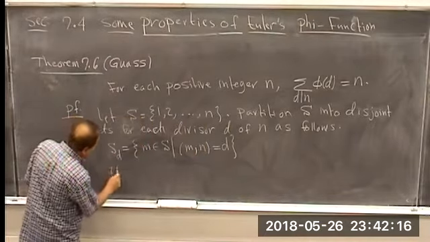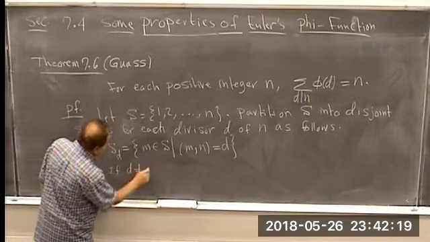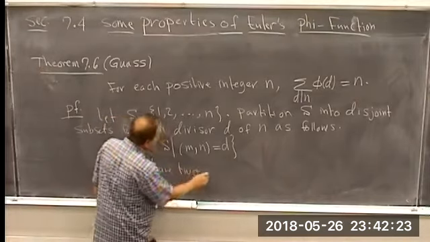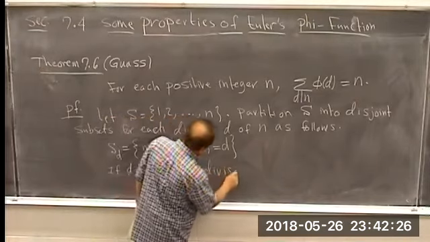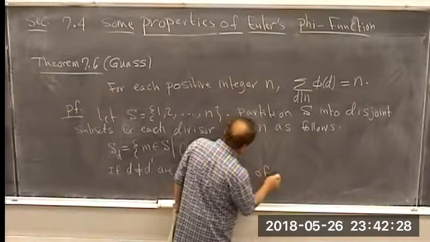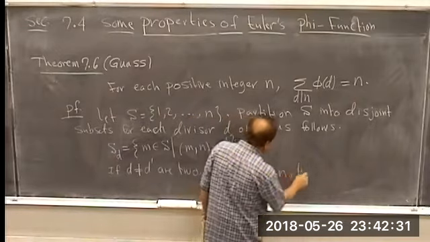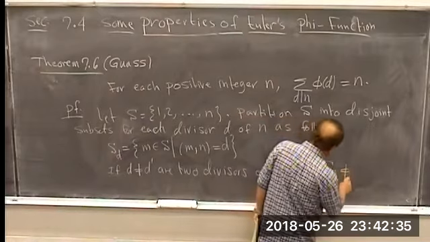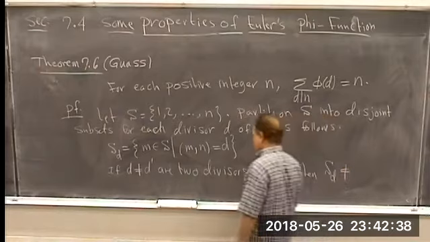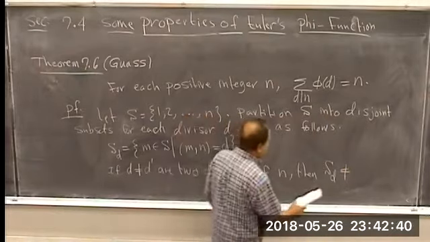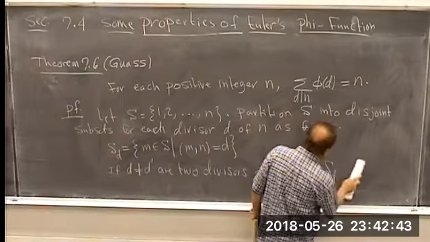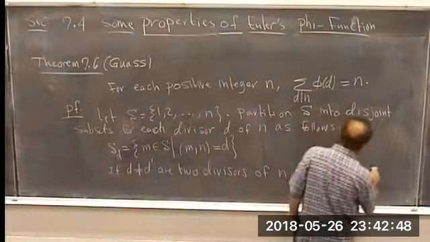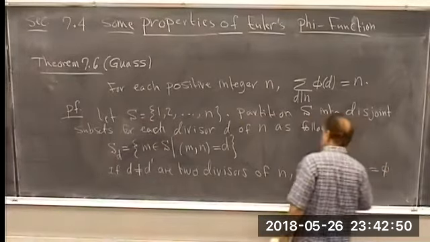If d does not equal d prime are two divisors of n, then the intersection of S sub d and S sub d prime is going to be empty.